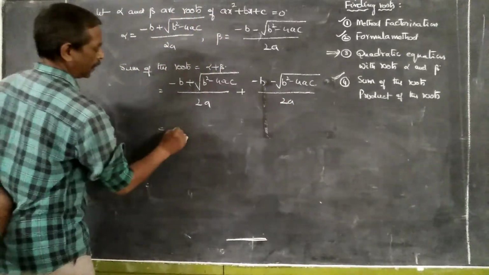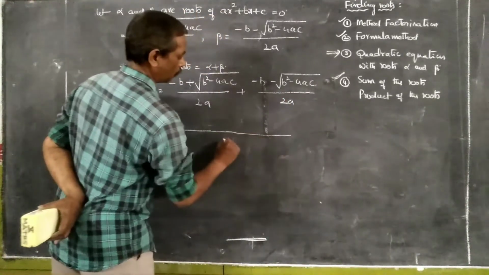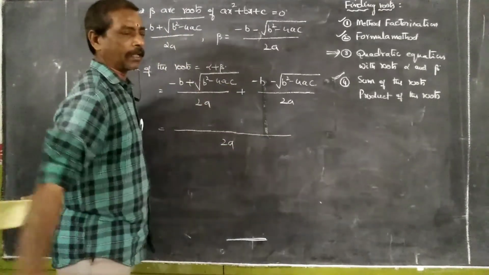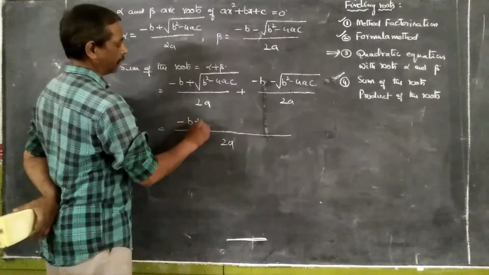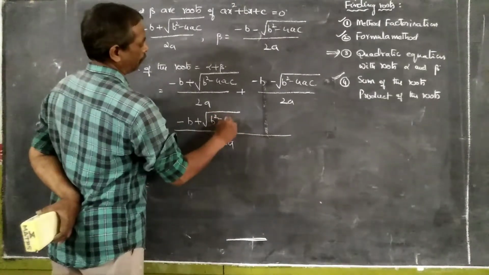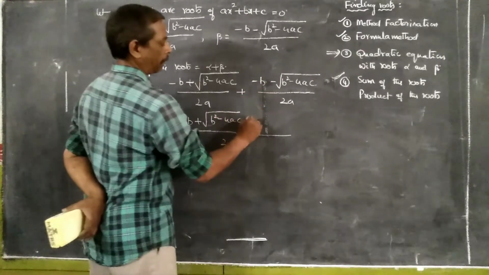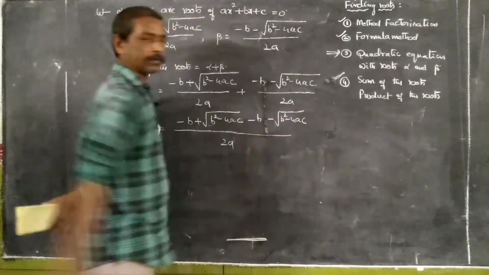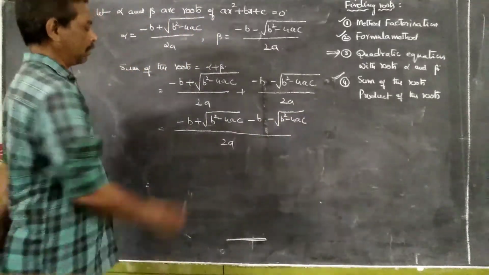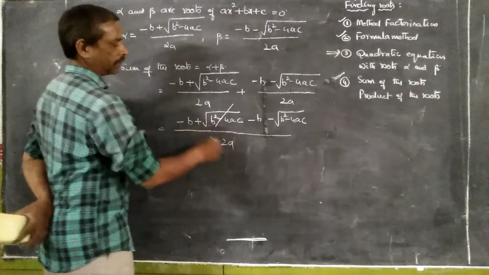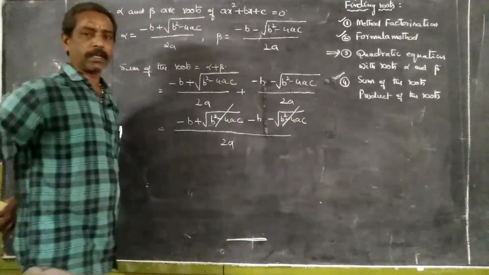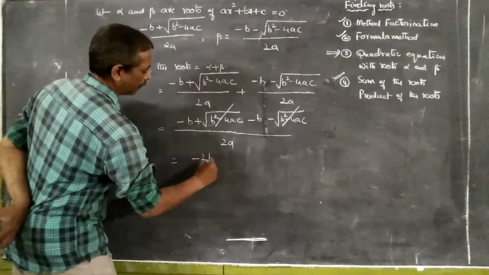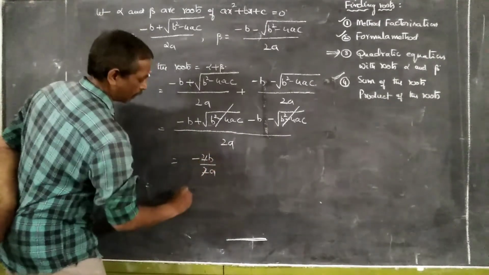Now simplify by taking LCM 2a. Since the denominators are the same, add the numerators directly. Therefore, −b + √(b² − 4ac) − b − √(b² − 4ac). Observe the numerator: plus root b² − 4ac and minus root b² − 4ac cancel. Minus 2b by 2a, 2 cancel.